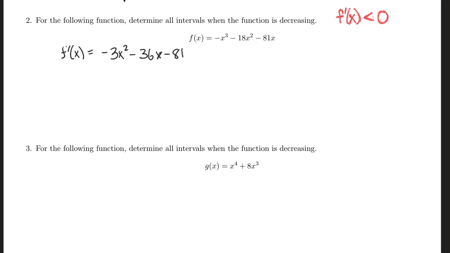And to start off with figuring out when it's positive or negative, you actually start off when it's neither, which is when it's equal to 0. So the first thing I'm going to do is take my derivative function and set it equal to 0, because these are the dividing points of when it's going to be positive and negative. In this problem, I can just divide everything by -3, and that's going to make the numbers a lot nicer. So if I divide everything by -3, it's going to be positive x squared plus 12x plus 27.